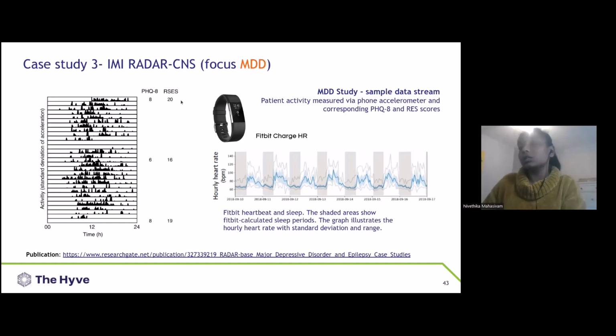So PHQ and RSES are some validated tools, questionnaires that measure people's mood and how happy they are. So that can give a clear indication of if a particular participant is depressed or not.